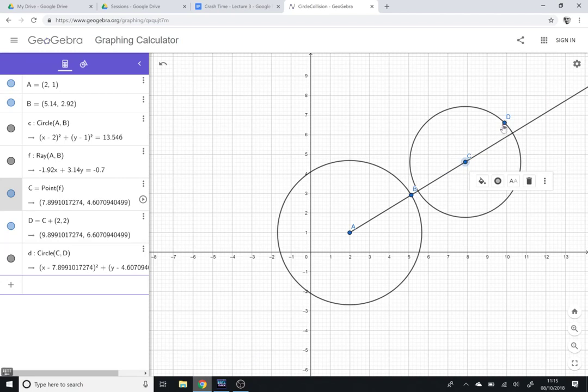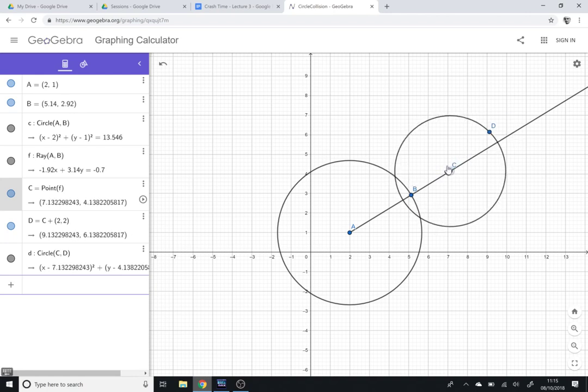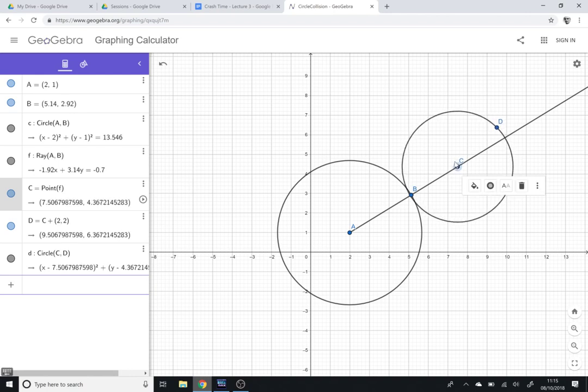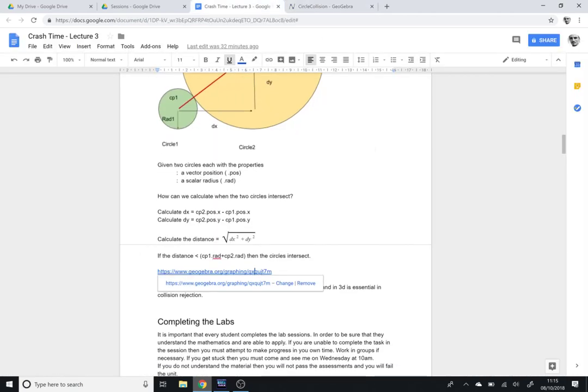It has a radius here. Once these two overlap or get inside, or even if they're just touching, that is the point at which the two radii exceed the magnitude of the vector between them. Okay.